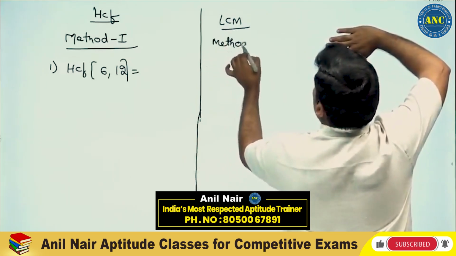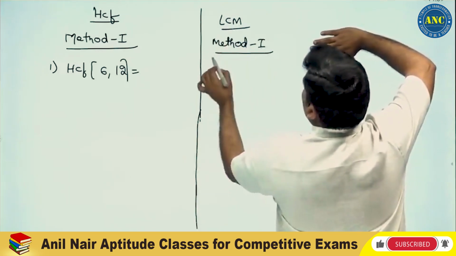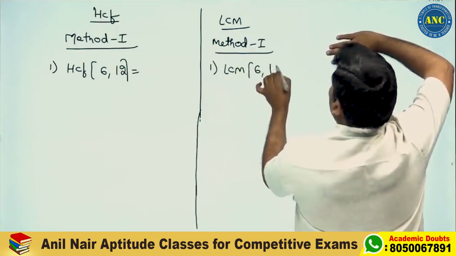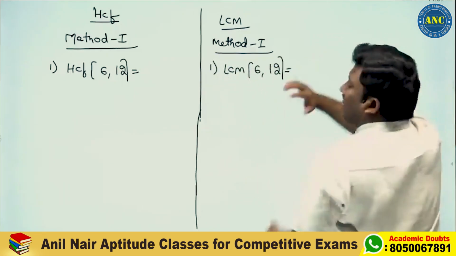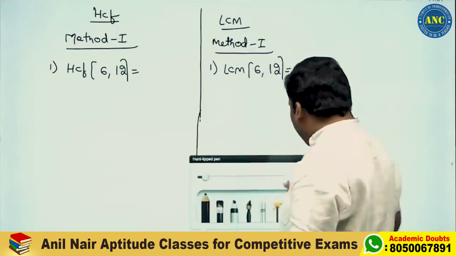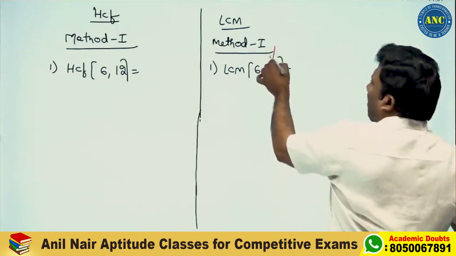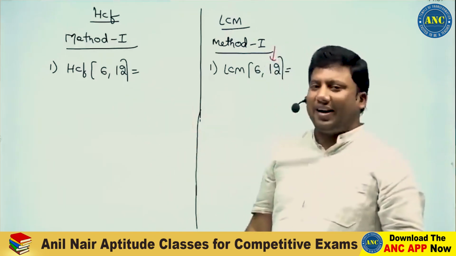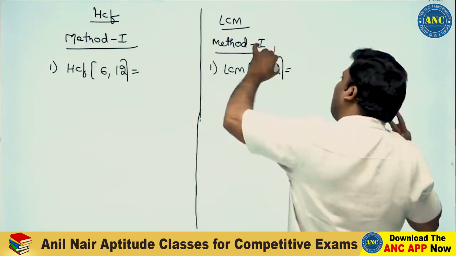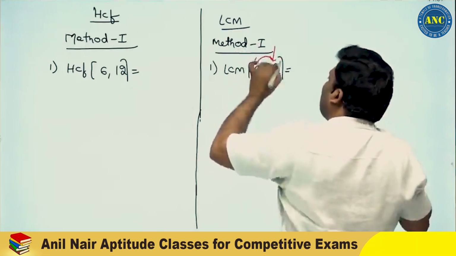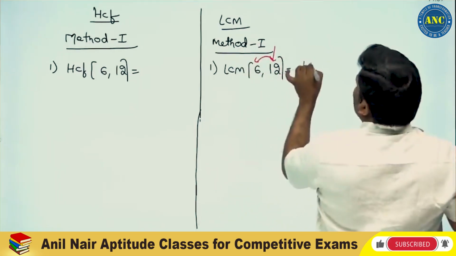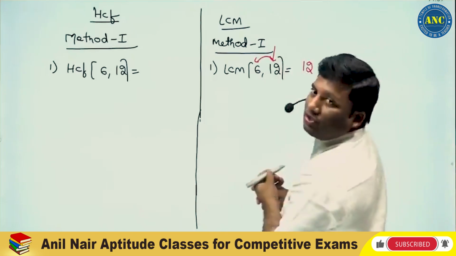LCM method number 1. In LCM method number 1, what did we do? LCM of 6 comma 12. We went into the largest number. A multiple will always be greater than a factor. We checked whether the largest number is divisible by every other number. 12 is divisible by 6, so I wrote 12.